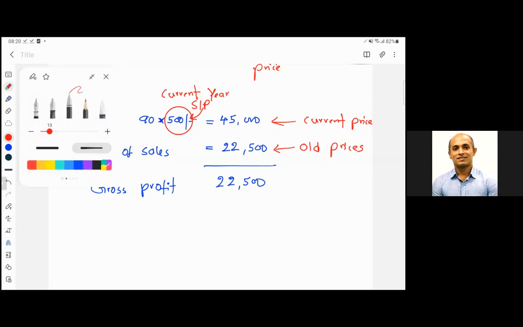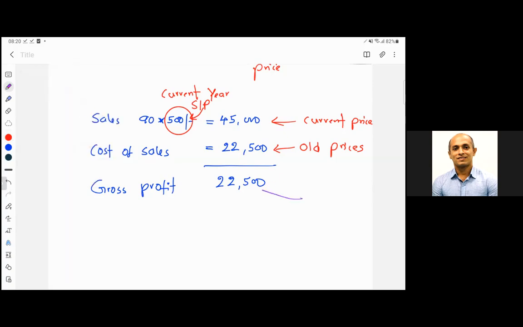Then the result is overstated gross profit, because last year's price is lower than the current price. So your gross profit is overstated.